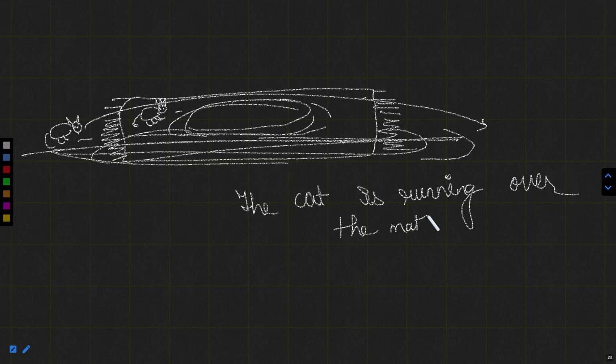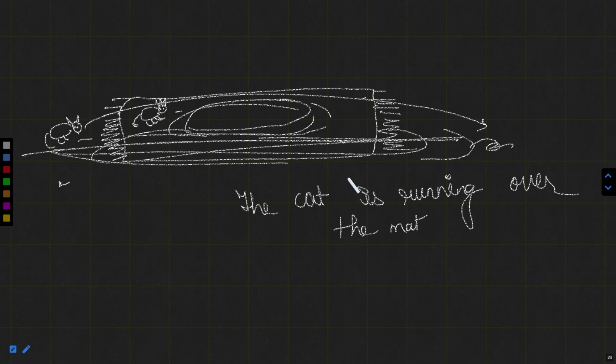But if it is running beyond that mat, from the starting point to the extreme part of the end, there we can use the preposition over, because the cat passes the mat. So we can say the cat is running over the mat, or the cat ran over the mat. This is how we can use the preposition over.